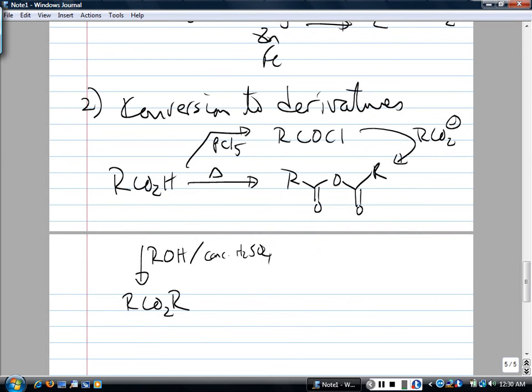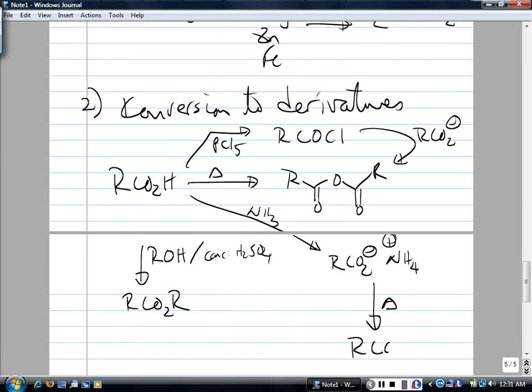We also talked about how I can convert the species with ammonia into the corresponding ammonium salt, which can then be dehydrated on heating to give rise to the corresponding amide. But again, the best way of doing this would have been to convert the acid into the acid halide and then treat the acid halide with ammonia.